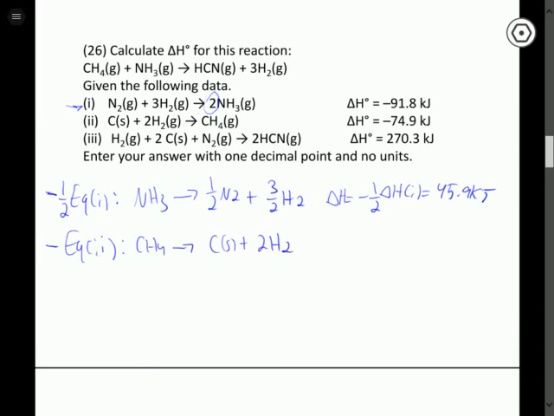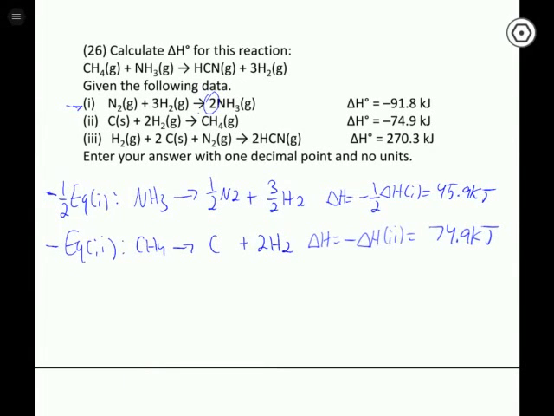We'll just leave out the phases of matter. Doesn't really matter. And then delta H for this modified equation 2 is going to be just the inverse of the negative of the second delta H, 74.9 kilojoules. So we flip the reaction. That just flips the sign of delta H but doesn't do anything to its magnitude.